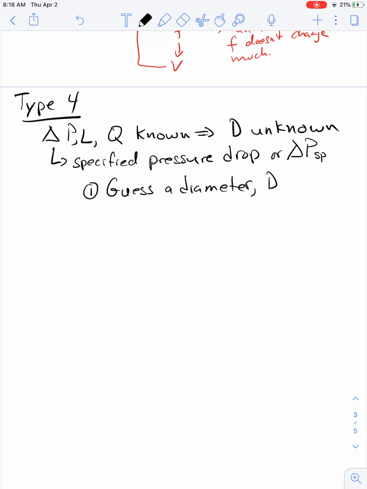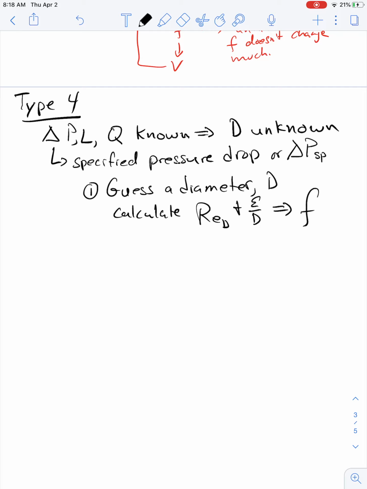And once I have the diameter d, I can calculate the Reynolds number, because we know Q, which means we know the velocity. Once we know Q, we can calculate the Reynolds number. And with the Reynolds number and epsilon over d, we can calculate a friction factor.